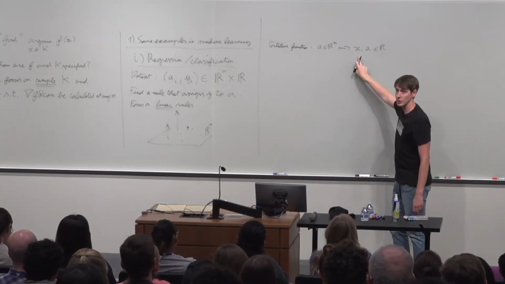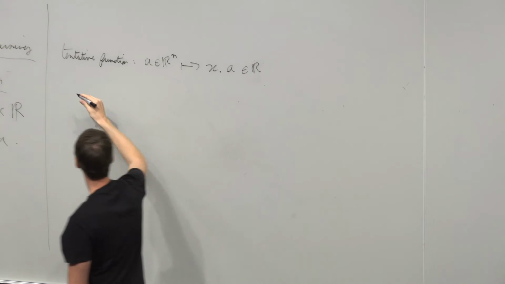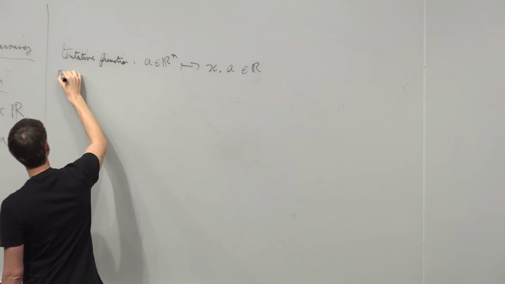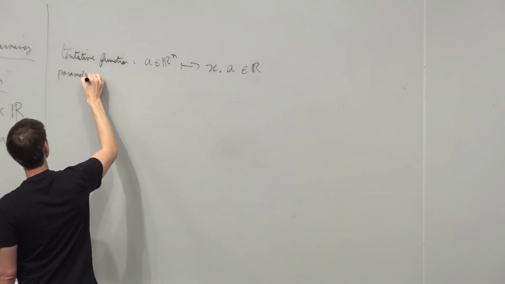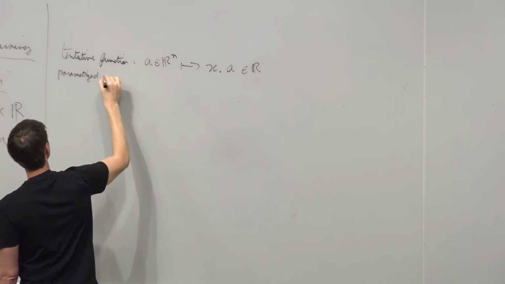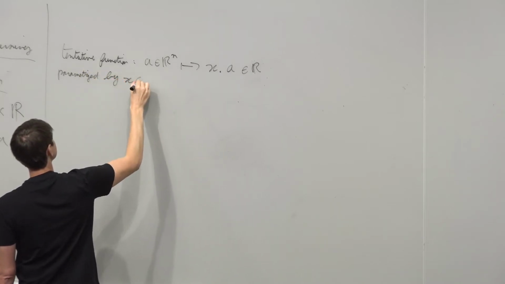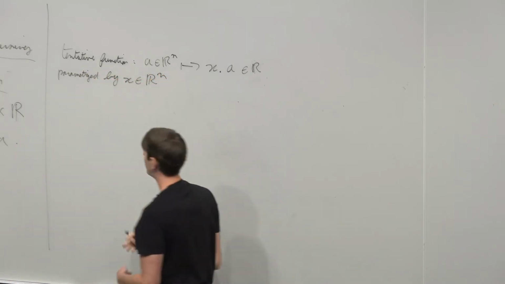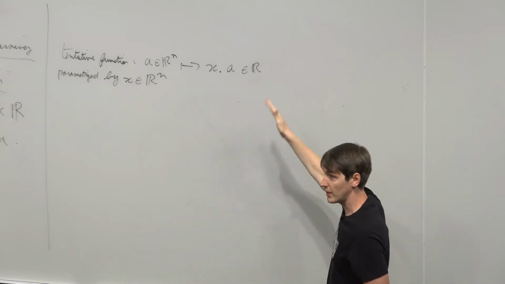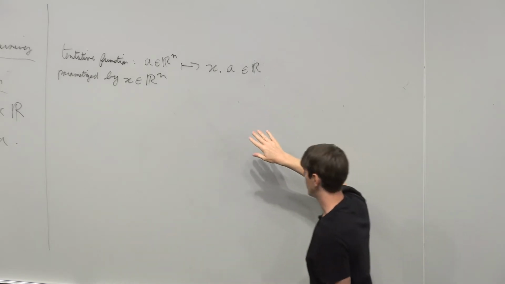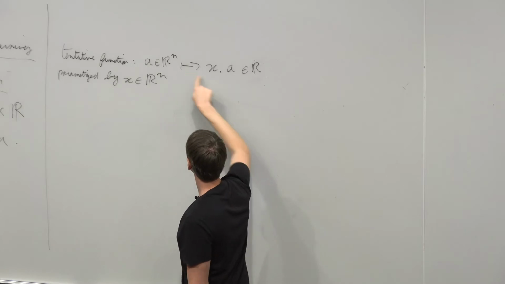X is my linear function. So the tentative function is parameterized by x in Rn. So my predictor is just specified by a vector in Rn. That's my predictor. And this is my tentative function.